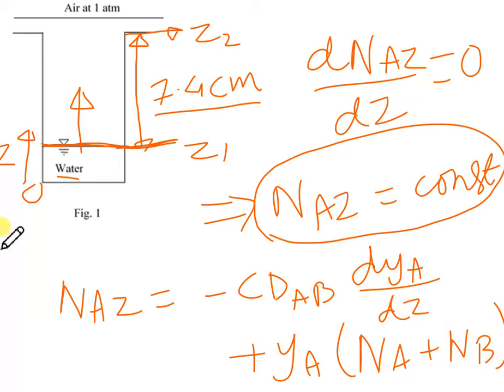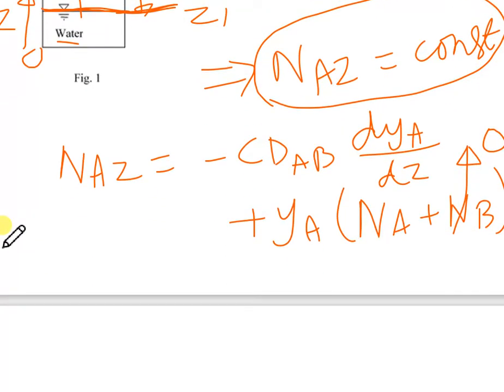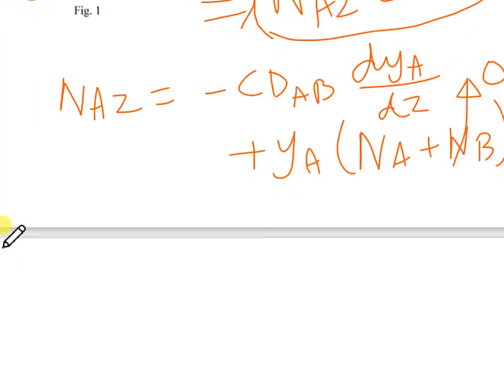Now, this air is stagnant, it's not moving. So we are saying that this is unimolecular diffusion. Only A, the water, is diffusing in air. So NB has to be 0. Now NB is 0, so just try to solve for the flux NAZ.